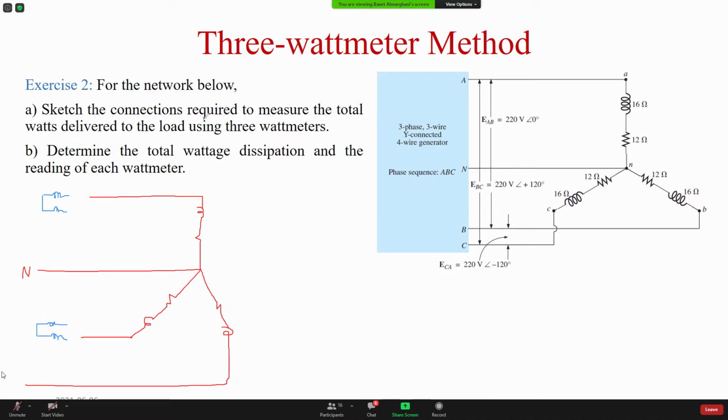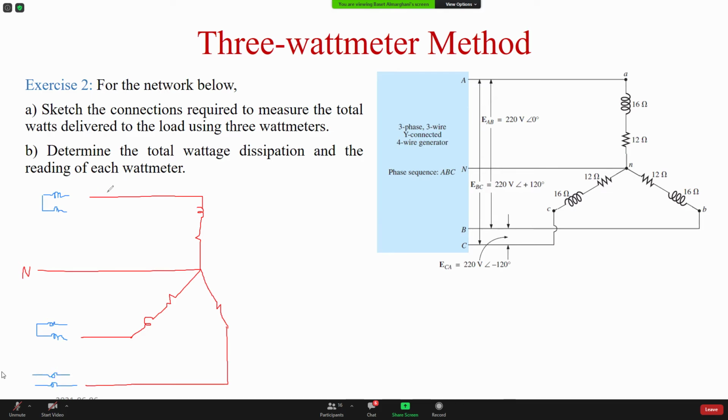A third wattmeter, I'm just going to use the space so we can have a current coil and a voltage coil.